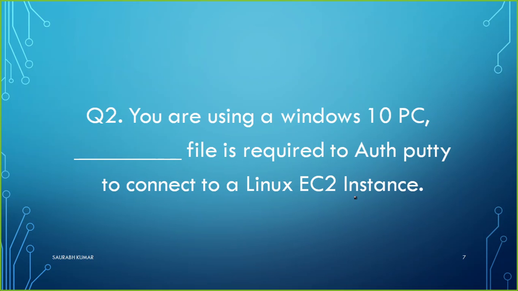Which file is required? Which file do we add in the SSH authentication? If you remember the extension of that file, that will be just the answer. Extension of the file which is required for SSH by PuTTY. Answer is already there: PuTTY private key. So what was the extension of it?